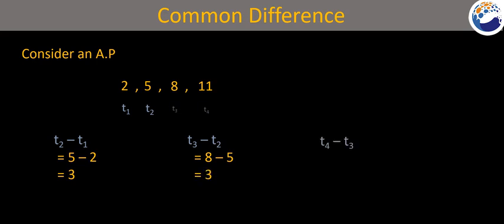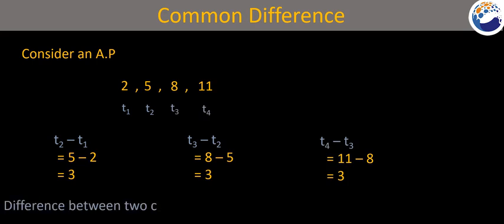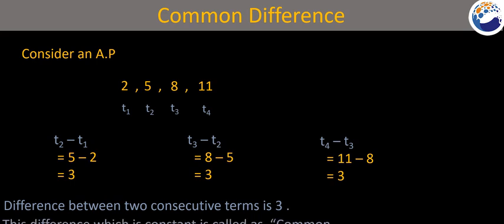T4 minus T3 is equal to 11 minus 8 is equal to 3. Therefore, the difference between two consecutive terms is 3. This difference, which is constant, is called the common difference. Common difference is denoted by small d.